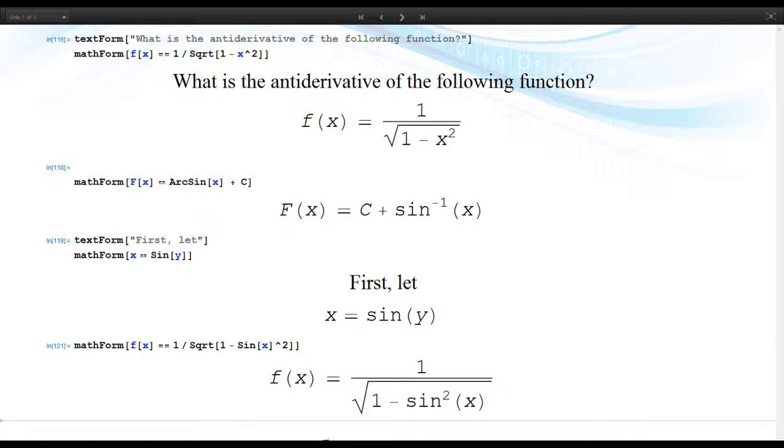Since cosine squared plus sine squared is 1, if we subtracted sine squared from both sides, we'd get cosine squared equals 1 minus sine squared.